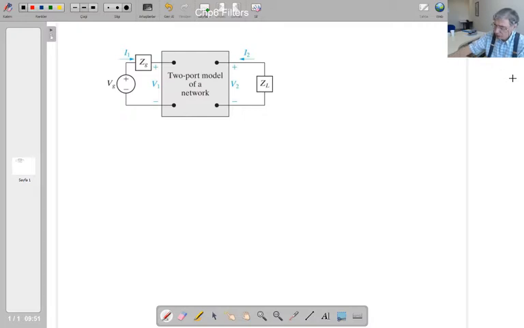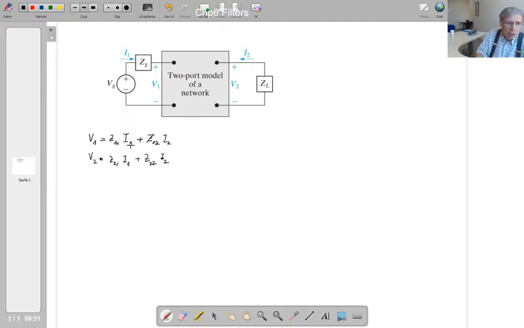Here we are. That's our two-port circuit, and the definition relation for this two-port circuit is V1 = Z11 I1 + Z12 I2, and V2 = Z21 I1 + Z22 I2.